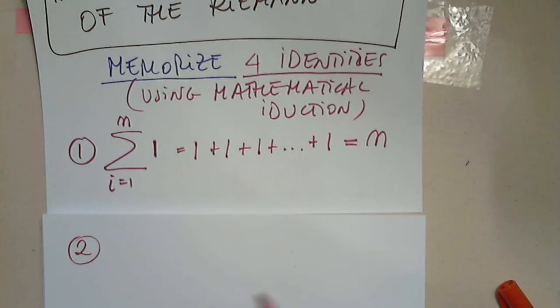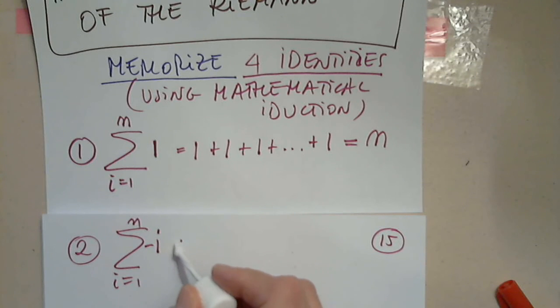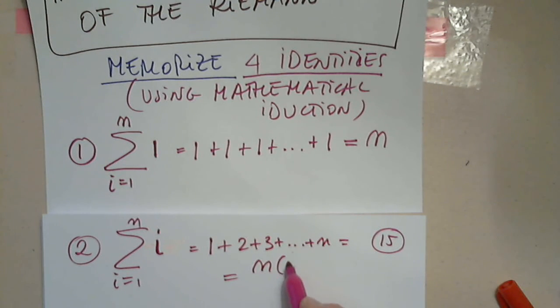Now number 2 is the sum from i equals 1 through n of i. No minus, no plus, nothing. Just i. That is 1 plus 2 plus 3 plus dot, dot, dot plus n. We're not going to write it like this. It's n times n plus 1 divided by 2.